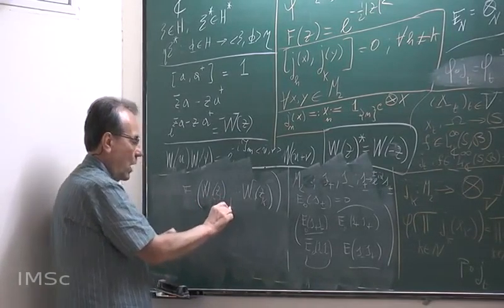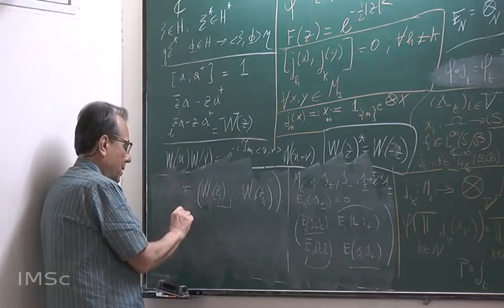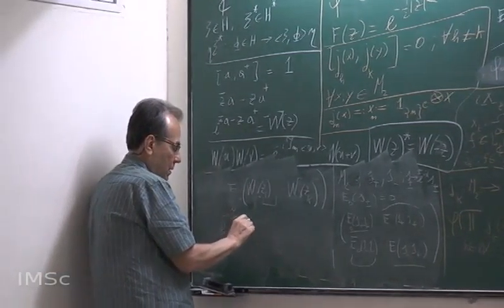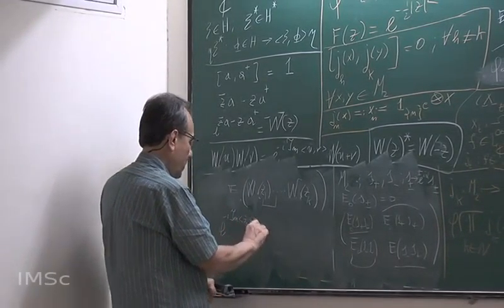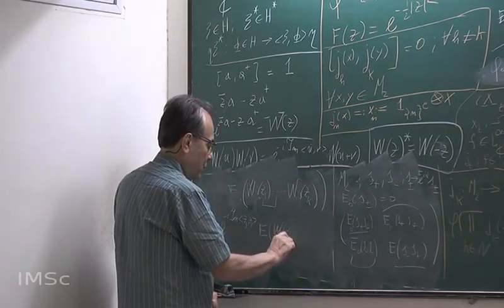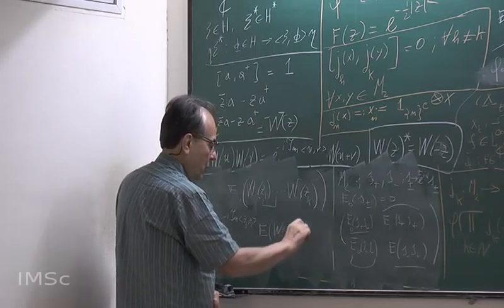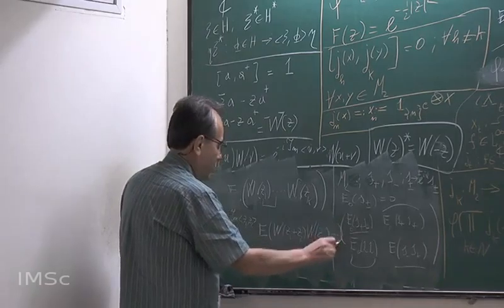So you couple 1 and 2, and then you get E minus i imaginary part of Z1, Z2. And then you have E of W, Z1 plus Z2, and then you begin with Z3 and go on.